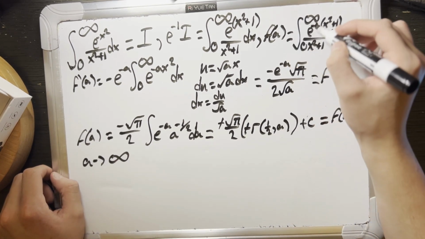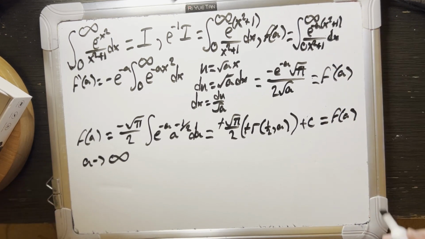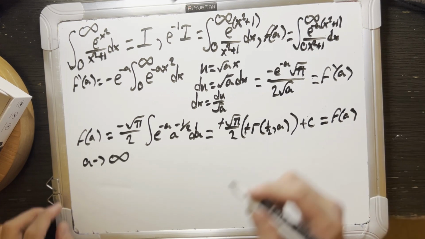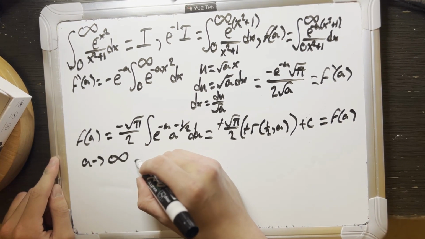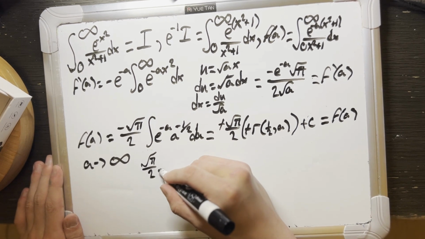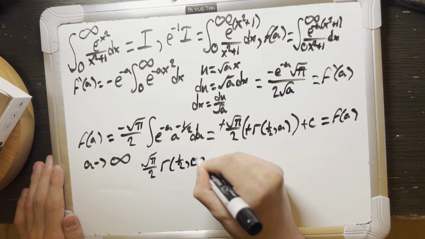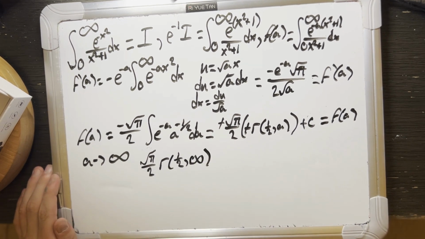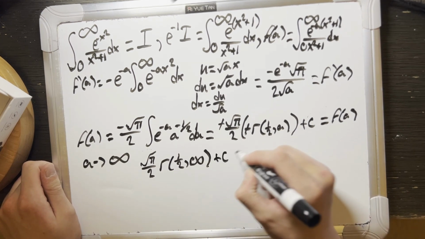So then you have e to the minus infinity times quantity x squared plus 1. And that's actually equal to 0. So that's nice. Now we get the square root of pi over 2 times the incomplete gamma function of 1/2 and infinity. Now what's this? This is also 0, or, well, plus c equals 0.